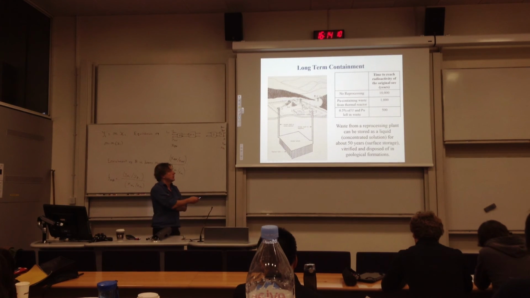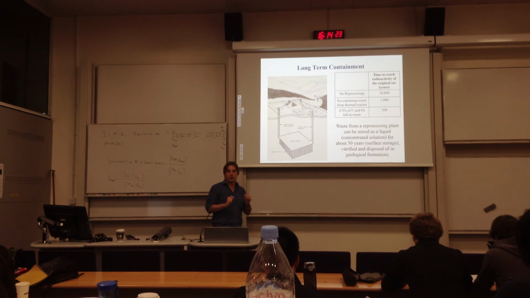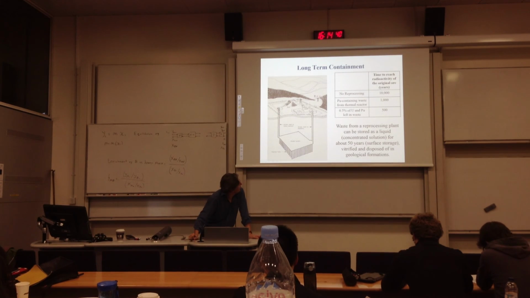So the original occurring ore, so the rock where uranium is, to reach that radioactivity, if you don't do any reprocessing, so if you put back all the uranium 235, 238, plutonium and fission products, it would take 10,000 years to go back to the original state where you have the radioactivity that you could have in a mine.